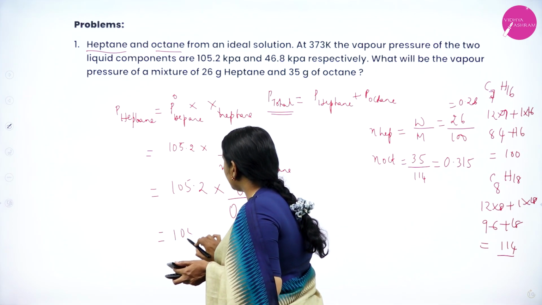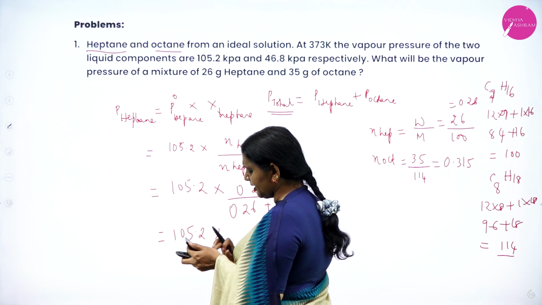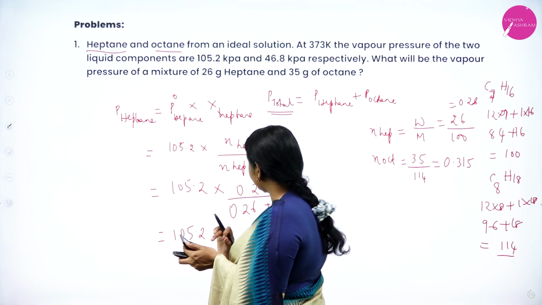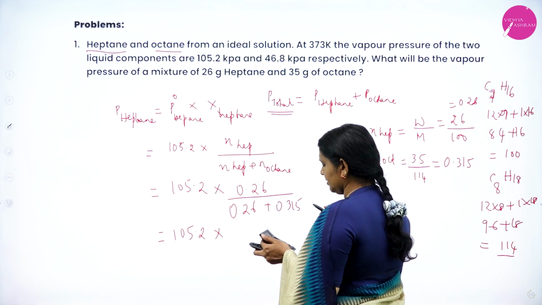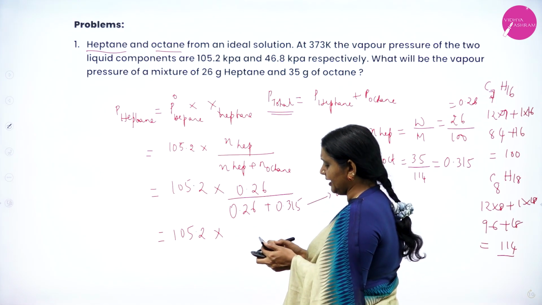Therefore, it is 105.2 into 0.26 plus 0.315 is equal to, this is 0.825.